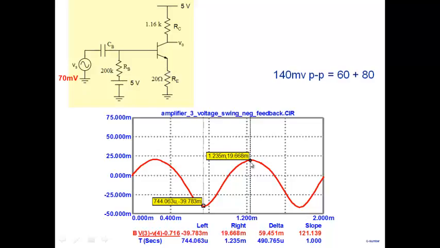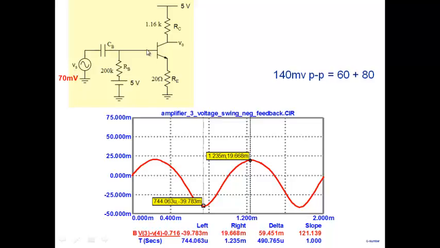Look at the positive side. Can you see the positive side is much smaller? It is 19, and the negative side is 39. So all I did was put a small value of resistance in the emitter. I'm giving a perfect sinusoid, 70 millivolt, here.